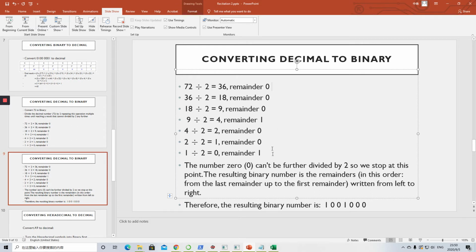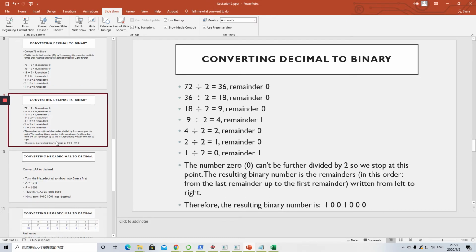So the answer is 1 0 0 1 0 0 0. This is the sequence of the remainders.